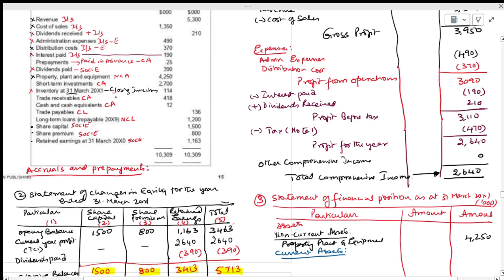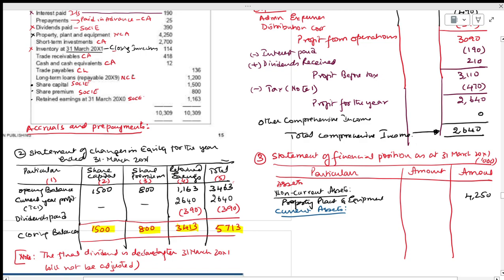Check the date. It is 1st April or 31st March? 31st March. When we are preparing our financial statements on 31st March, the inventory is held when? It is 31st March. This is the closing inventory. Is it right?